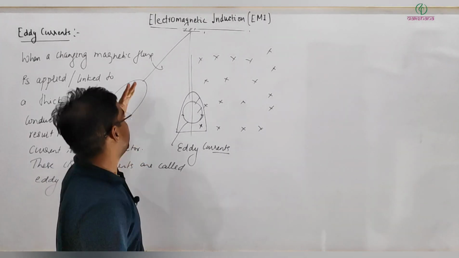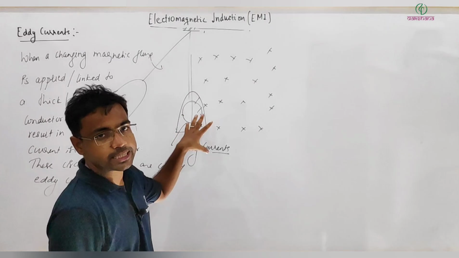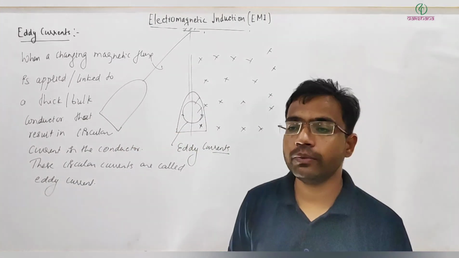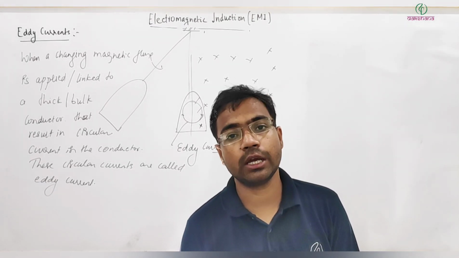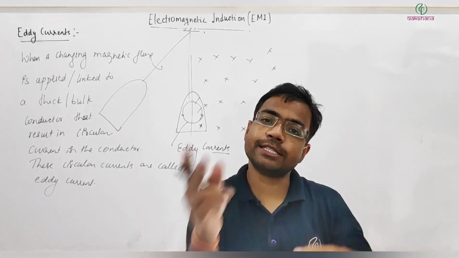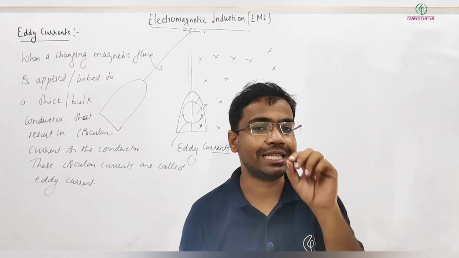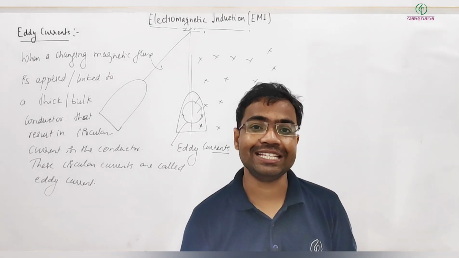So here, when a conductor is moving in a magnetic field, changing flux is linked to it, there may be another possibility. Either way, whenever there is some changing flux linked to a bulk conductor, a lot of EMF is produced, and that EMF results in currents flowing in circular loops, and the current flowing in these circular loops is termed eddy current.